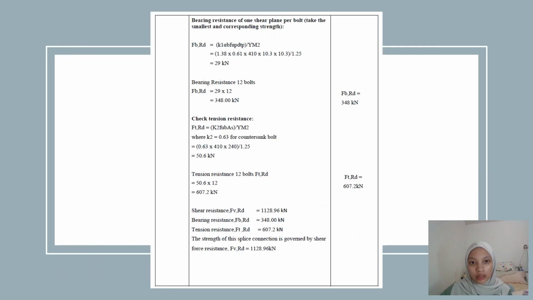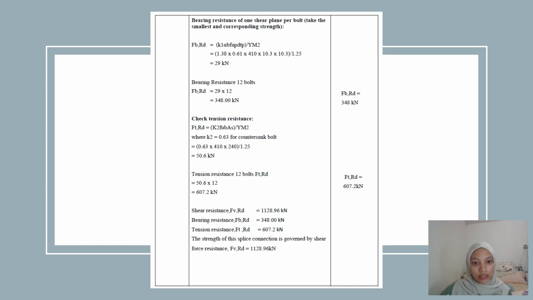Now let's move to the bearing resistance of one shear plane per bolt. I will take the smallest and corresponding strength. We calculate F_b,Rd using this formula and we get 29 kN. But we must multiply by 12 bolts, which is the number of bolts we use in this project, and get 348 kN.